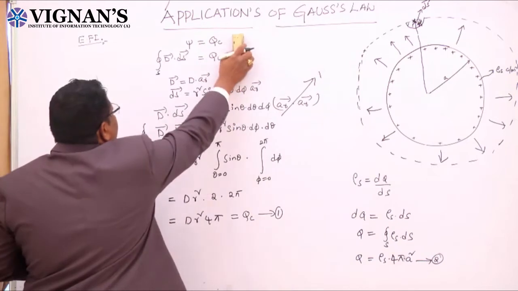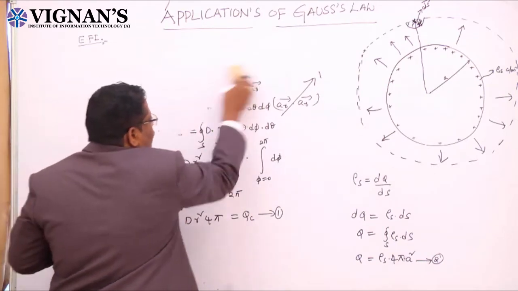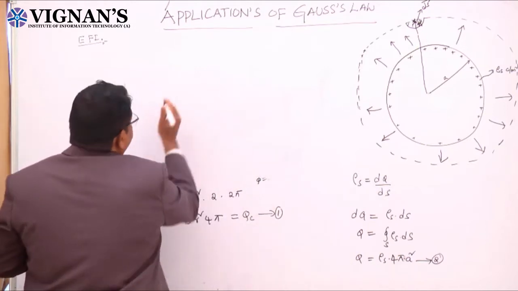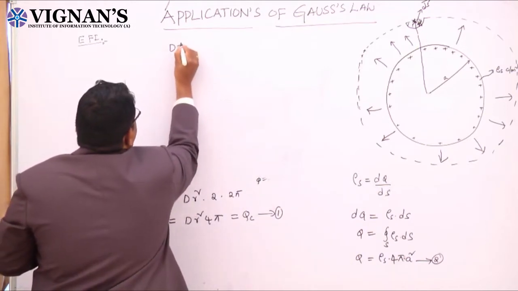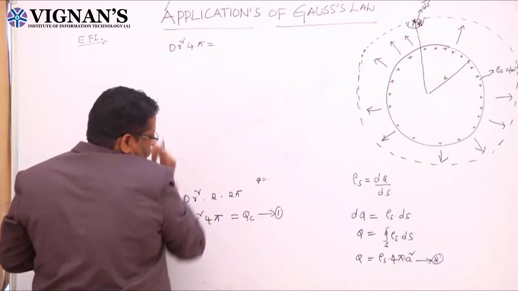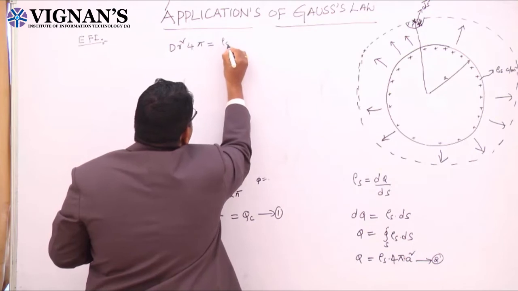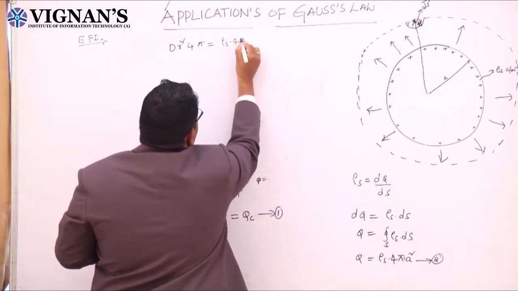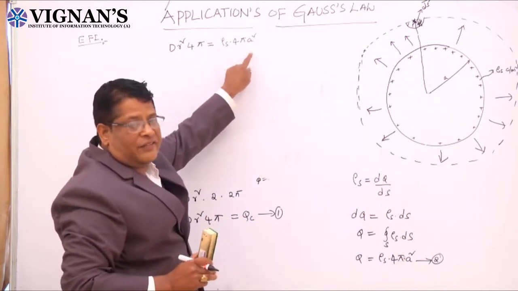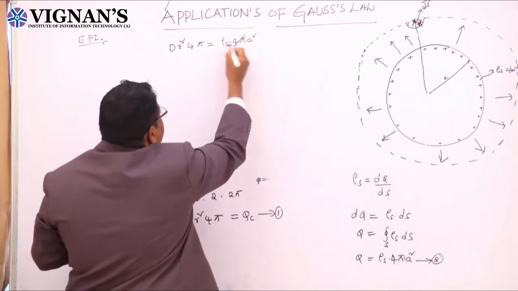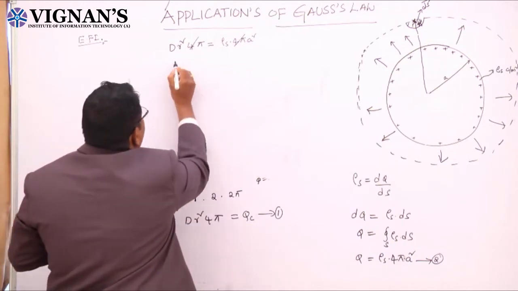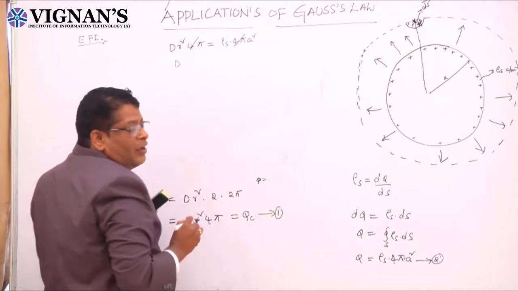Now from equations 1 and 2, we can write D r square 4 pi equals rho s 4 pi a square. This is the charge enclosed by the Gaussian surface. Now 4 pi gets cancelled. Now we want to find D, the flux density.